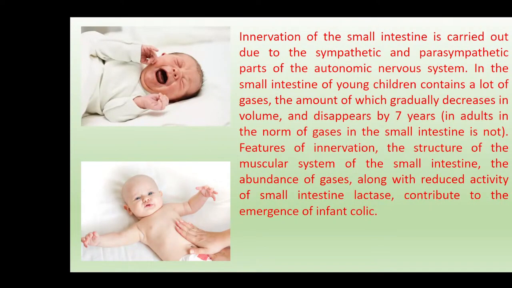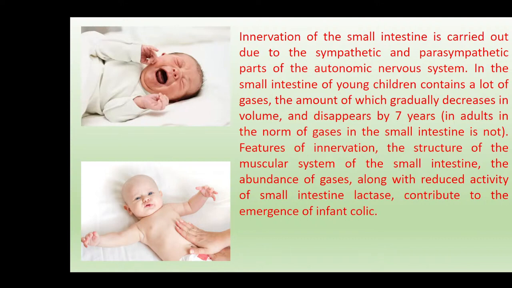Innervation of the small intestine is carried out by the sympathetic and parasympathetic parts of the autonomic nervous system. In young children the small intestine contains a lot of gas, the amount of which gradually decreases and disappears by 7 years. In the small intestine, gases are present up to 7 years, no more.